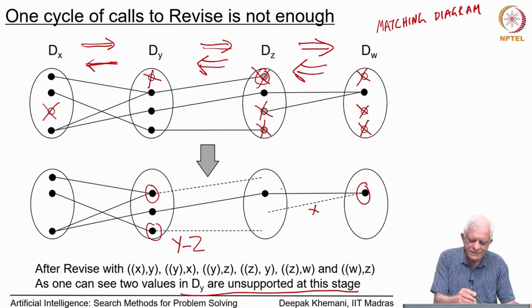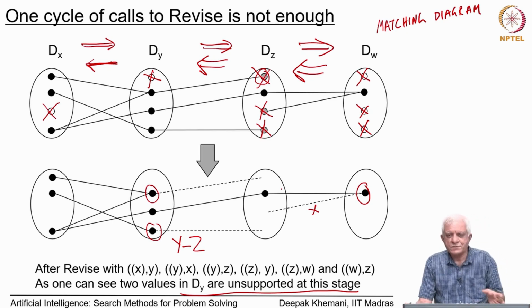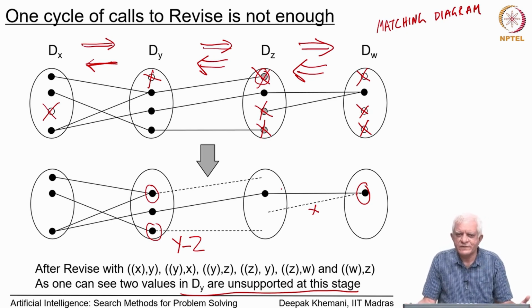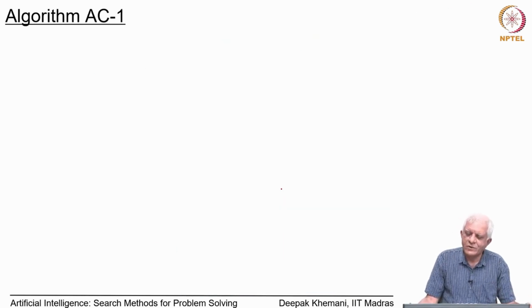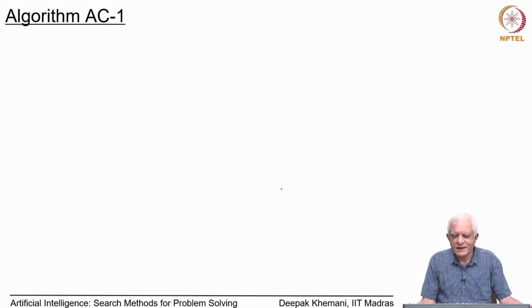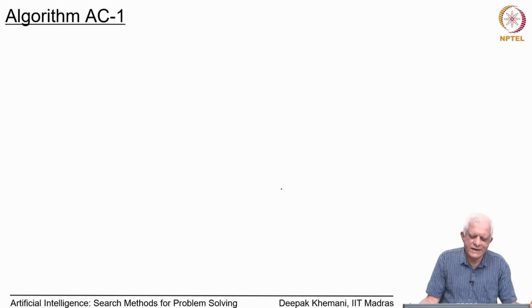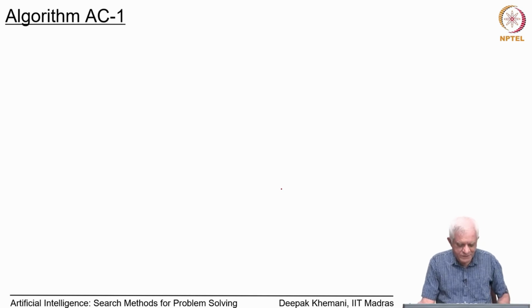So, the only arc inconsistency is in the variable y. So, this simple algorithm of just cycling through all the edges once will not work, and you have to try something more exhaustive, and that is a well known algorithm called AC1, which stands for arc consistency 1, and it works as follows.